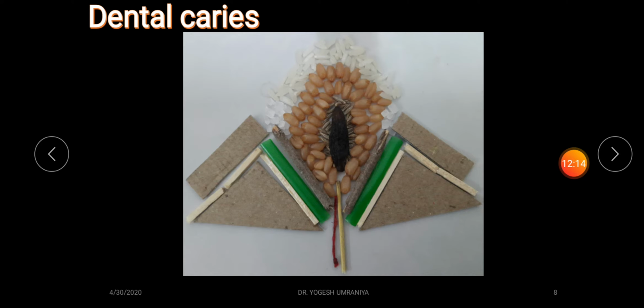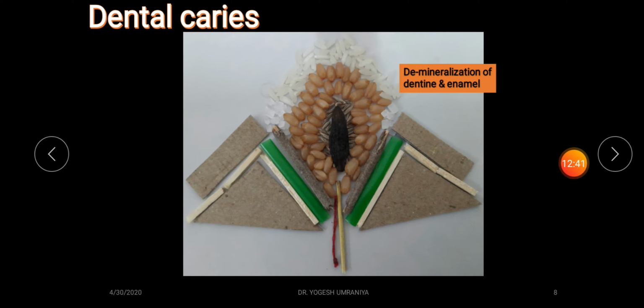Next, that is dental caries, okay, and that refers to damage to the enamel as well as the dentine layer. So there is a demineralization of the dentine as well as the enamel layer, and that is done by acid producing bacteria with the help of glucose, and these bacteria are present in the oral cavity.